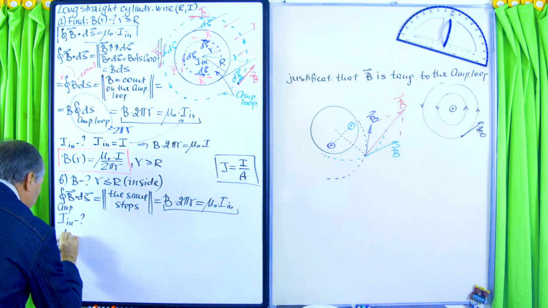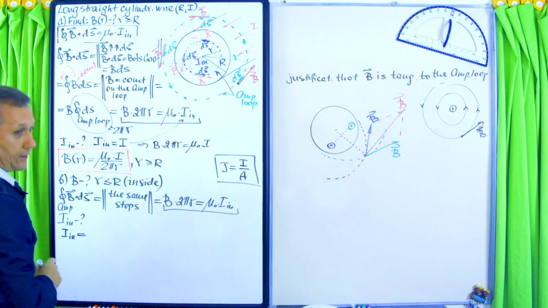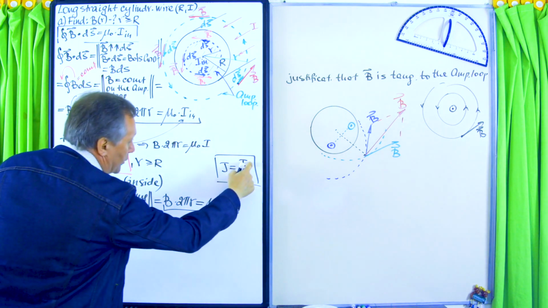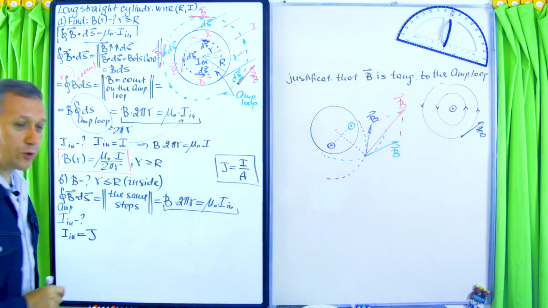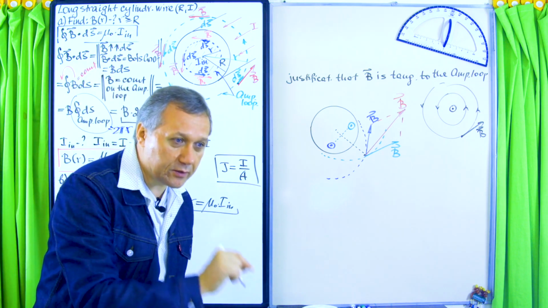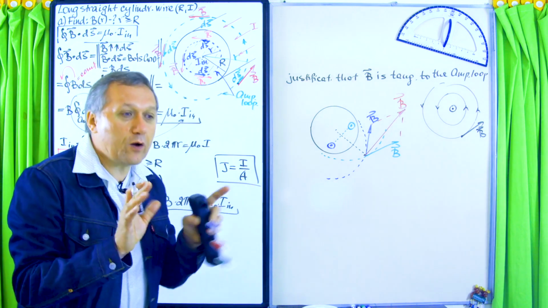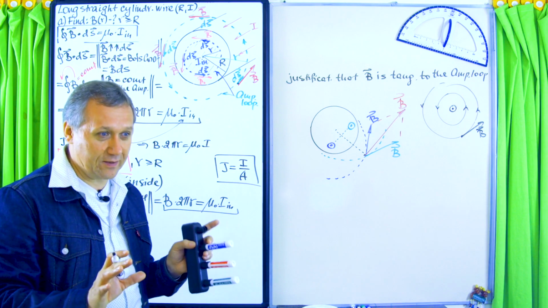So I enclosed. How can we find it? I enclosed, you take current density and multiply it by the cross-sectional area over which I enclosed is distributed. Current density is exactly the same. For now, of course, we don't know current density, but in a second we will be able to find that current density.